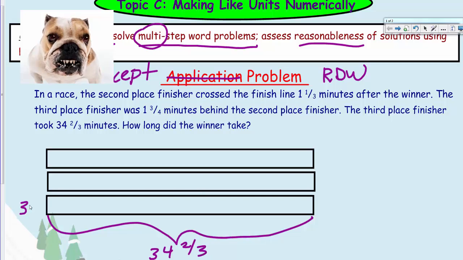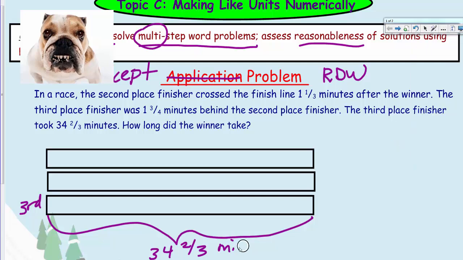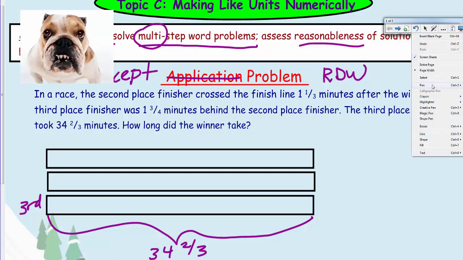This person got third place. This is important to know when we write this, because when we put the time, remember, the time that's less is the better time.